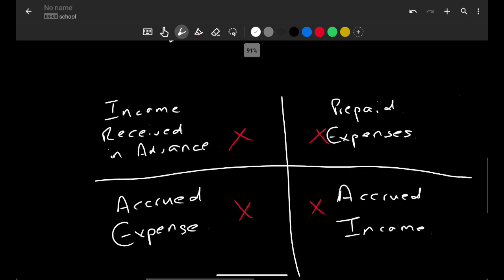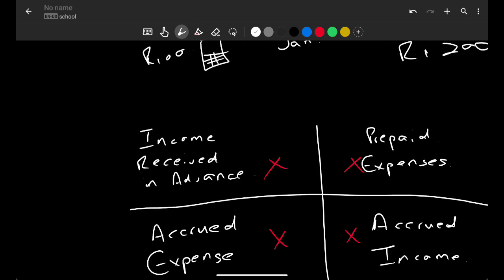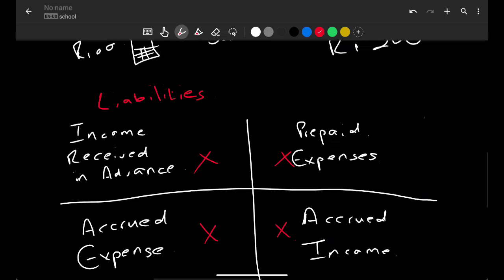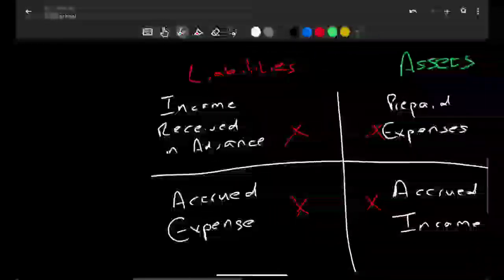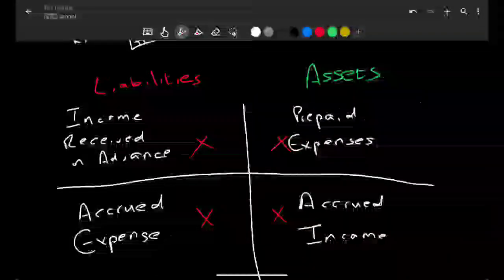The ones on the left are liabilities. If you want to cram it for now, the ones on the left here are liabilities, and the ones on the right are your assets, right? So we're going to look at each one of these. Why is it a liability and why is it an asset?